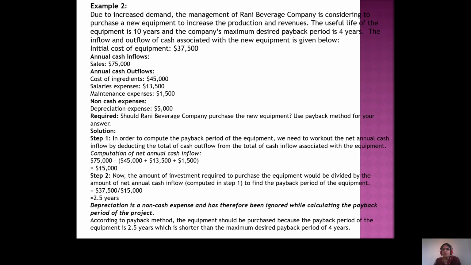Solution, step 1. In order to compute the payback period of the equipment, we need to work out the net annual cash inflow by deducting the total cash outflow from the total cash inflow associated with the equipment.